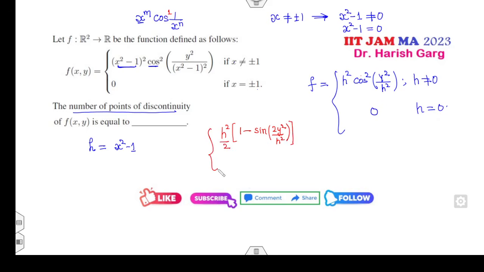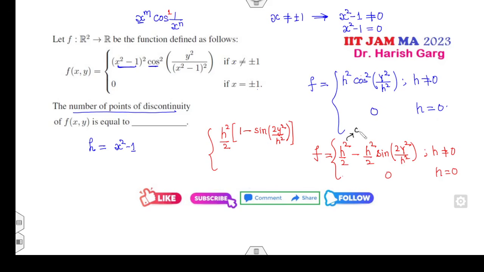Now clearly, if you open this bracket, f will be h square divided by 2 minus h square divided by 2 sine of 2y square divided by h square, provided h is non-zero, and whenever h is 0, it is 0.